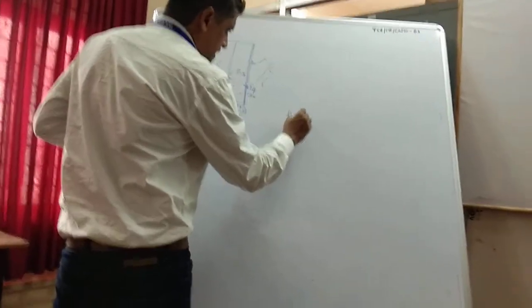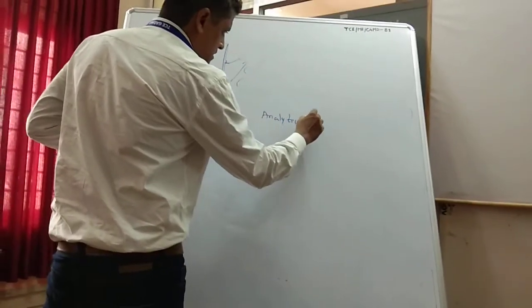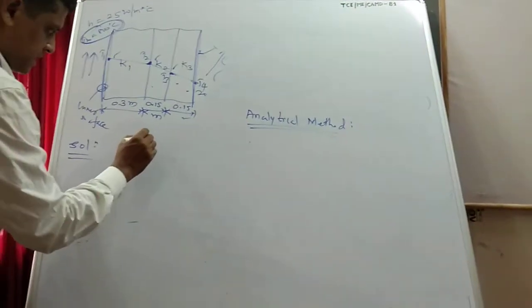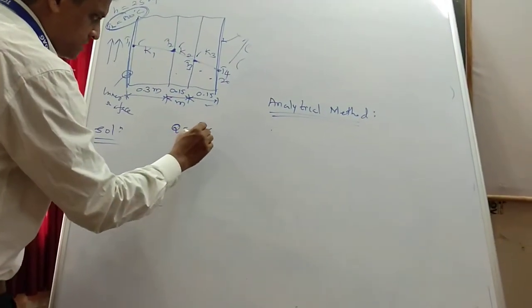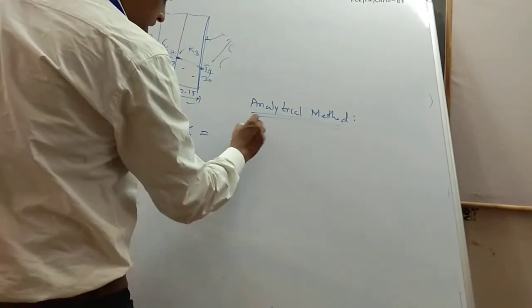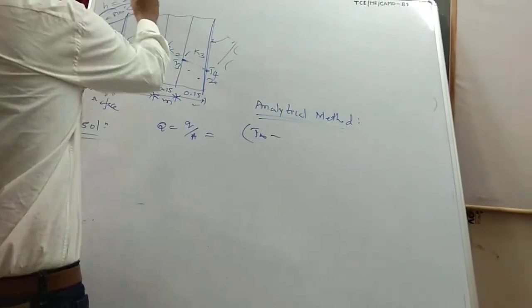If we use the analytical method, then we know the heat flux Q by A, since the area is unity here, is given by the initial temperature minus the final temperature.